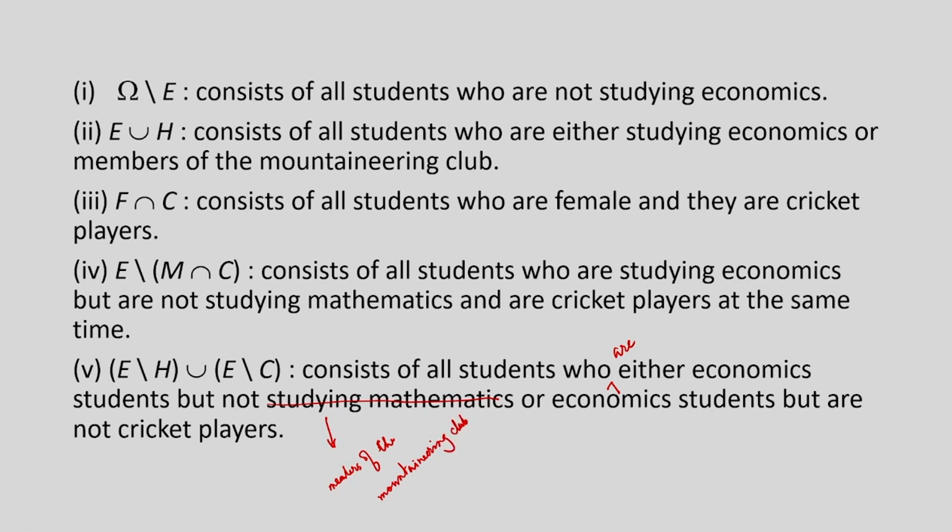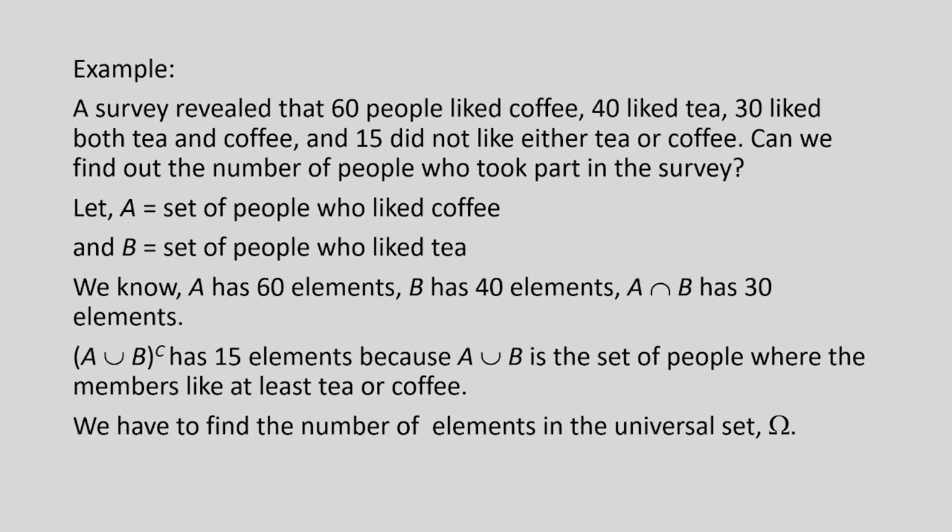This is what should be the correct answer. It consists of all students who are either economics students but not members of the mountaineering club, or economics students but are not cricket players. Okay, I think I will stop here.